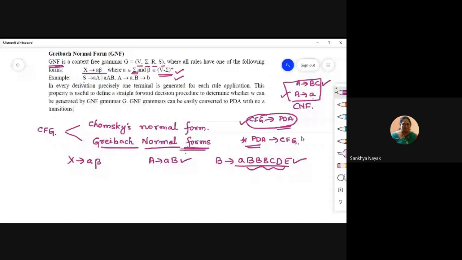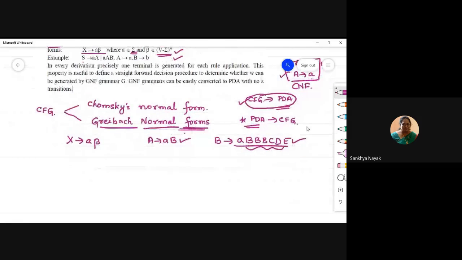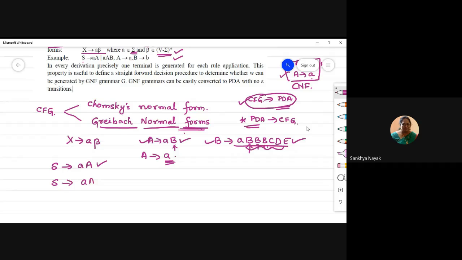You can also derive a single terminal symbol. Obviously, it's required later for the derivations to converge into terminals. You can see one example that's given over there. This is a valid example, right? And A derives B or B derives A, anything.